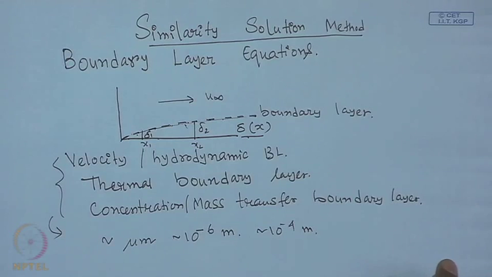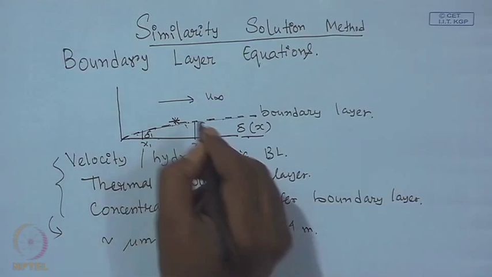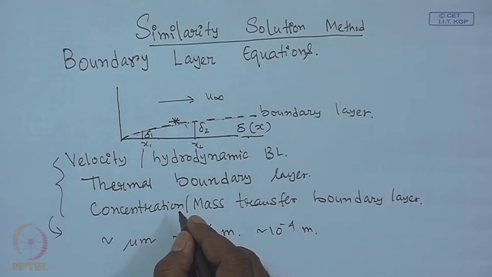Number two characteristic is that the conditions at the edge of the boundary layer, everywhere, must satisfy two conditions.